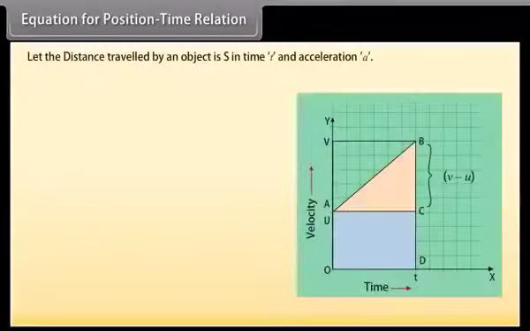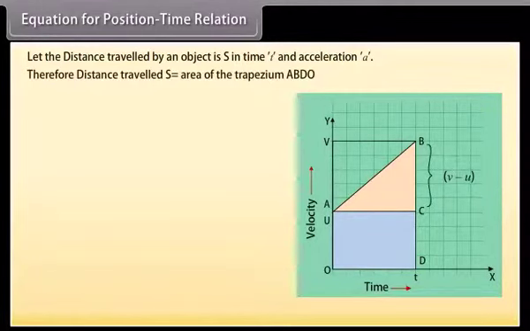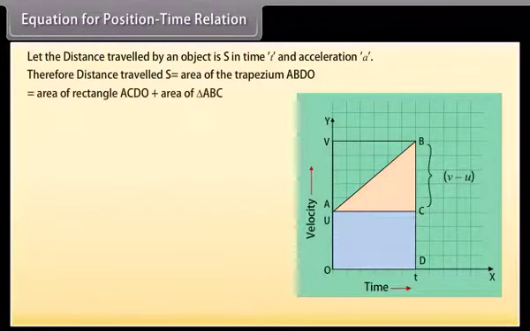Equation for position-time relation. Let the distance traveled by an object be s in time t with acceleration a. We can see that the distance traveled by the object is obtained by the area enclosed within the graph. Therefore, distance traveled s is equal to the area of the trapezium ABDO, which equals the area of rectangle ACDO plus the area of triangle ABC, which is OD into OA plus 1 upon 2 BC into AC.